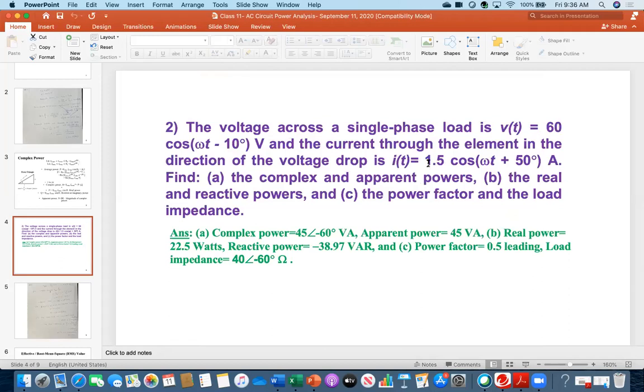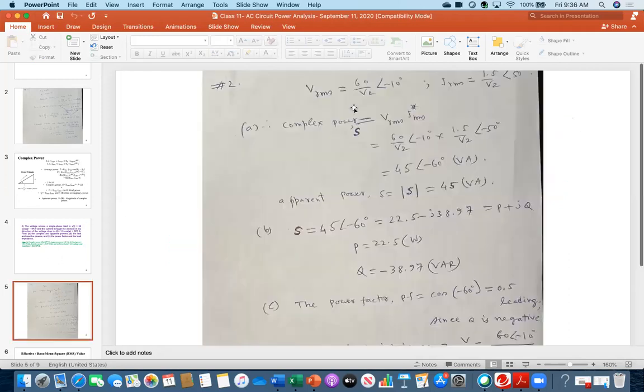Similarly for current, 1.5 is the magnitude, not the RMS. So I have to divide by root 2, and then this is the angle. Exactly as I am doing: 60 over root 2 with its respective angle, and then I RMS with its corresponding angle.